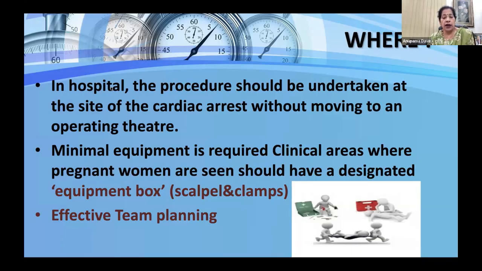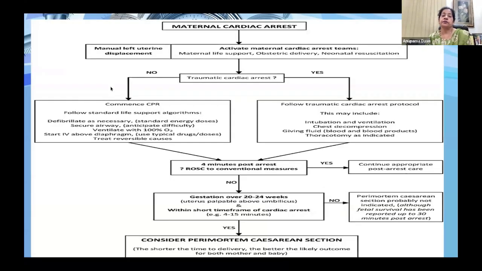Minimal equipment is required in clinical areas where pregnant women are kept, and they should have a designated equipment box that contains protective wear and antiseptic solutions, but the two main components should be a scalpel and clamps. All this requires effective team planning, and so all should be made aware of the situation so that in an emergency they can handle it. They can even have a simulated practice of this event.